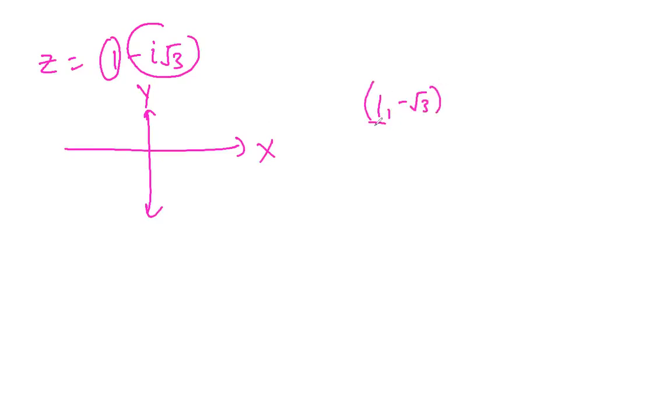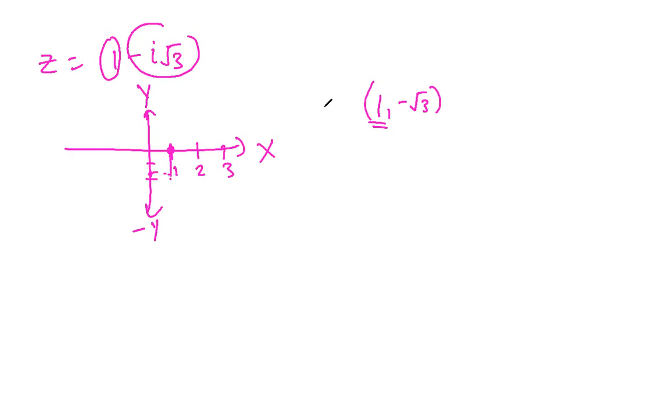So 1 is on the x-axis, the real axis, let's say 1, 2, 3. This point 1 is here, and then minus root 3 goes in the negative y direction, somewhere between 1 and 2, here.